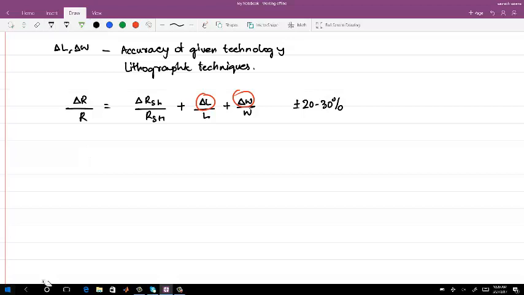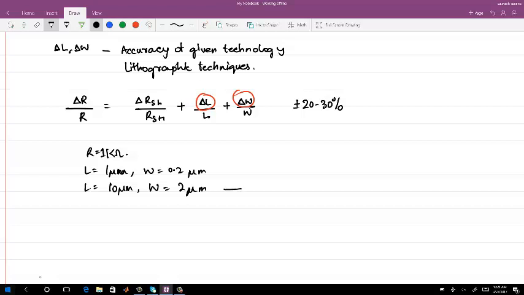The sheet resistivity is the same, and R equals 1 kilo ohm in both cases. In one case L is 1 micrometer and W is 0.2, and in another case L is 10 micrometer and W is 2 micrometer. The total resistance remains the same in both cases, but which will have lesser process variation?